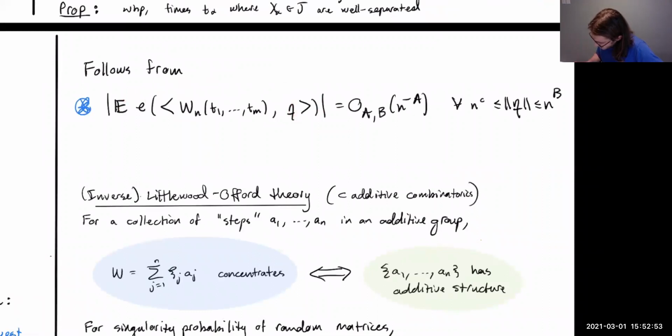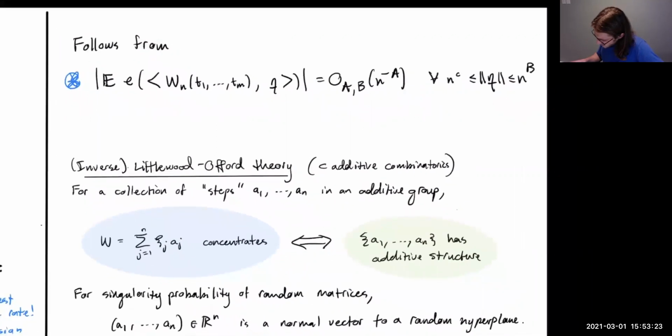If you look at the characteristic function in a ball, you can go out to any polynomial order, and you get decay in n that's super polynomial. Because you can go to arbitrary polynomial order in frequency space, that means you can look at arbitrary polynomially small scales in position space.